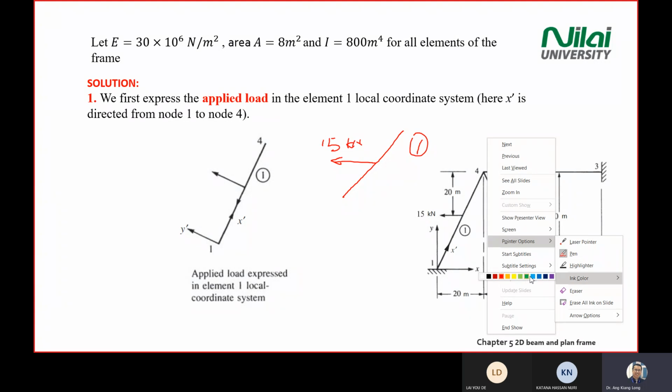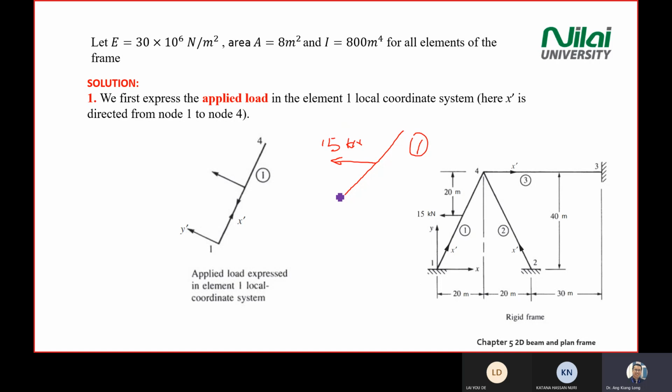You need to change this 15K according to this axis. You need to flip this, or expand this one. You know that you can change this 15K into two directions, right? Can you see the one that I highlighted just now on the screen here? You can expand this vector into two components. Do you understand?